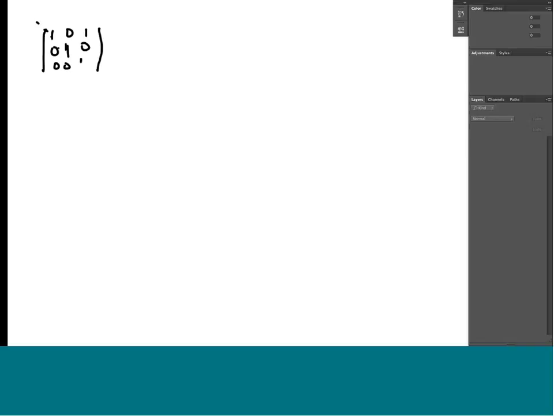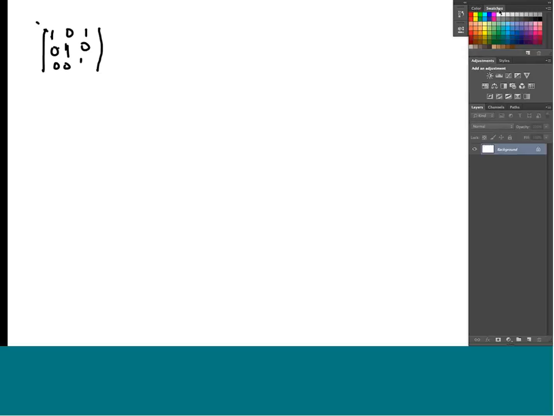This thing is upper triangular, so I have 0 here, 0 here, 0 here. Only this diagonal gives you the value, so it's got to be 1, right?